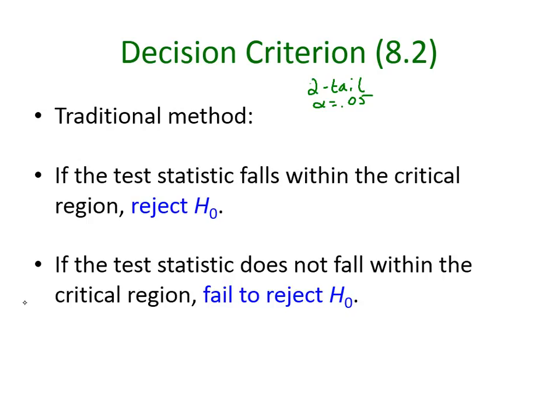If it's a two-tailed test, what that's saying is I want the probability in my two tails that it's rejected to be 0.05. Well, if it's 0.05 between the two tails, that means this one is 0.025 and this one is 0.025. What are the z-scores that give me those two critical regions?